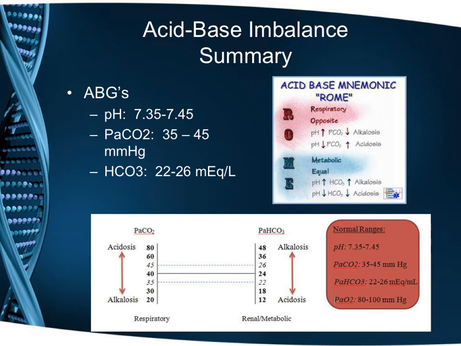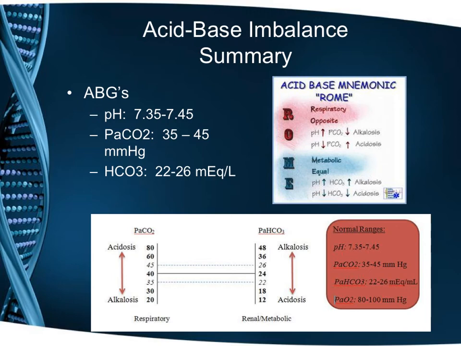Consider the mnemonic ROAM. Respiratory opposite. That means that if the pH is increased and the PCO2 is decreased, that leads to alkalosis. If the pH is decreased and the PCO2 is increased, that is acidosis. And then metabolic equal.